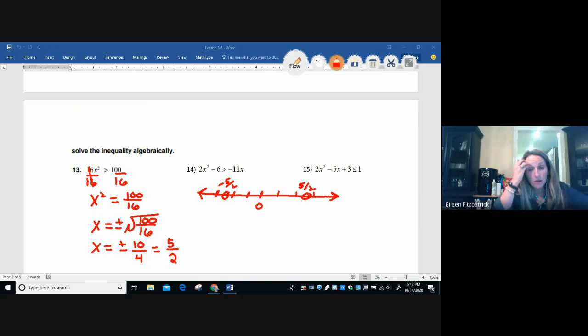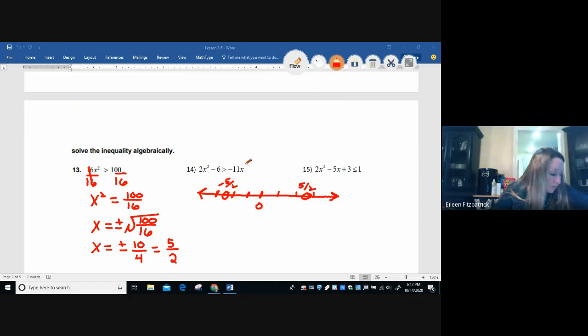Now, what you have to do is figure out, am I supposed to shade in between those two points, or to the right of this point and to the left of that point? Where's the shading? What you're doing is only visualizing part of the parabola.